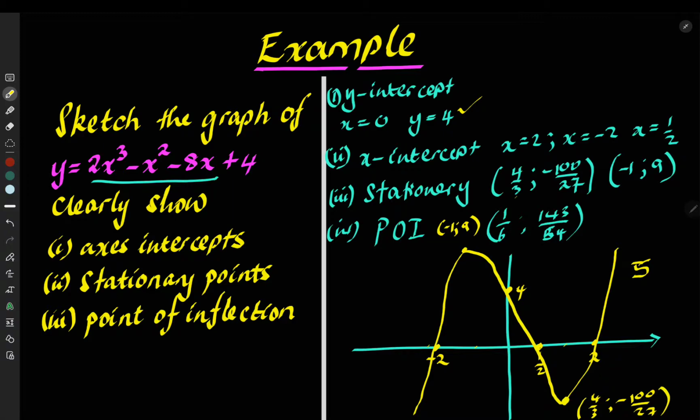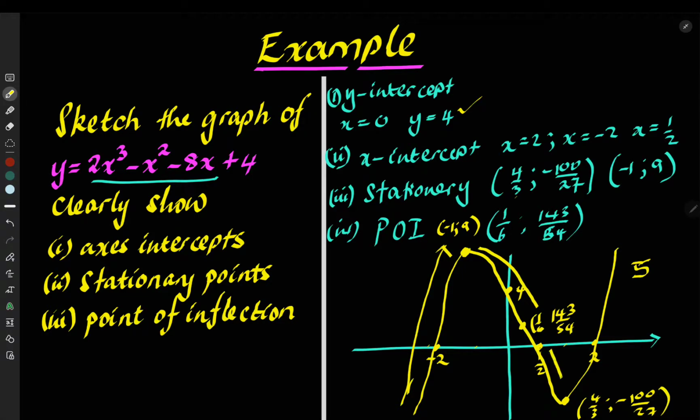The other thing that you can see from the cubic function is that until this turning point here, the graph is increasing, and then it starts decreasing until the point of inflection. We forgot the point of inflection, and it will be here: 1/6 and 143 over 54.